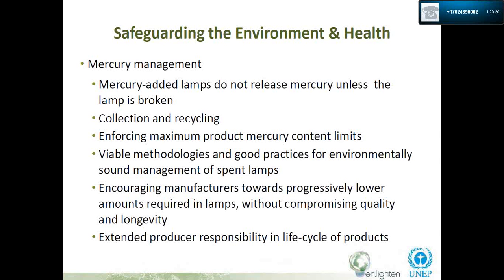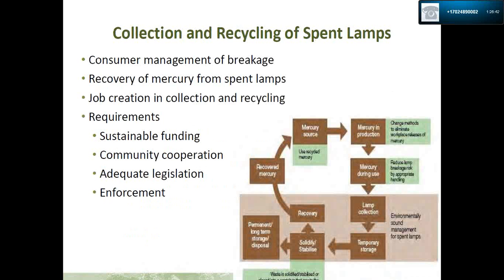One of the principles is extended producer responsibility in the life cycle of the products. And how this gets worked out in each country really differs and depends on the geography of the country, the distribution methods, the level of consumer action and responsibility, and the availability of manufacturers to participate from the beginning of the planning of any kind of environmentally sound management scheme. Next slide, please.